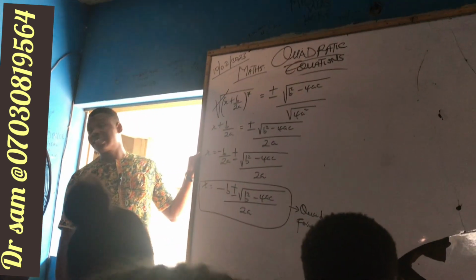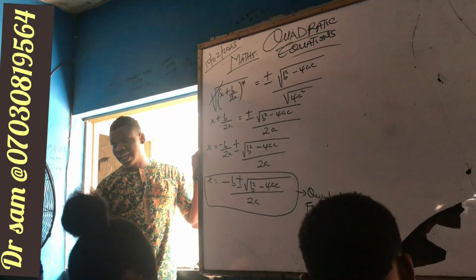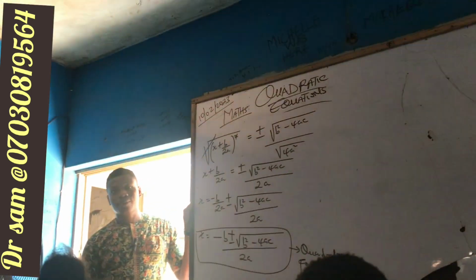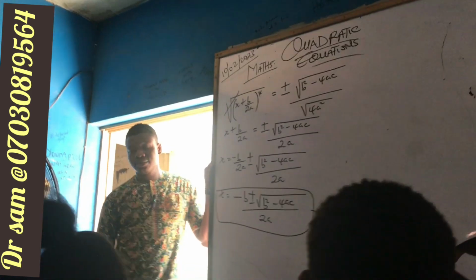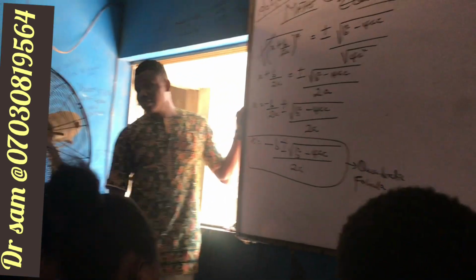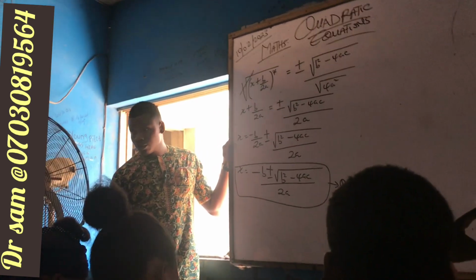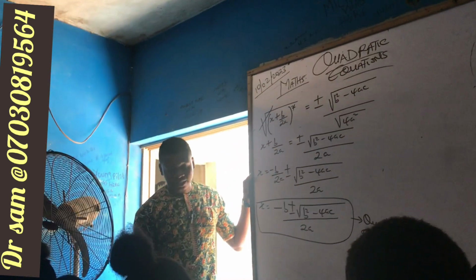Every mathematical derivation has a standard. If you change it, you have failed it. A standard means a rule. It must be like this.